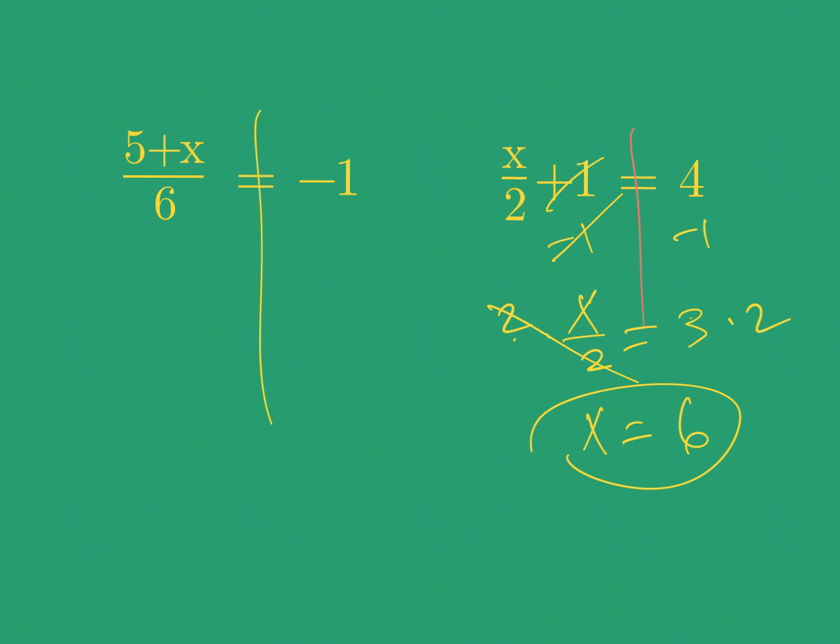Since it's dividing, the opposite would be multiplying. That's right. So how do we undo division? We undo division with multiplication.